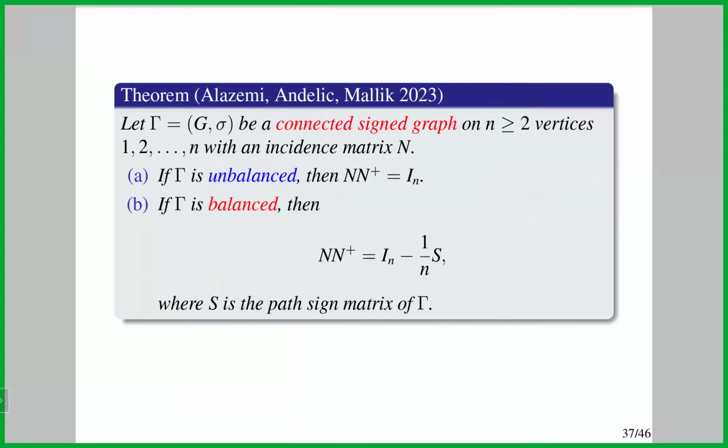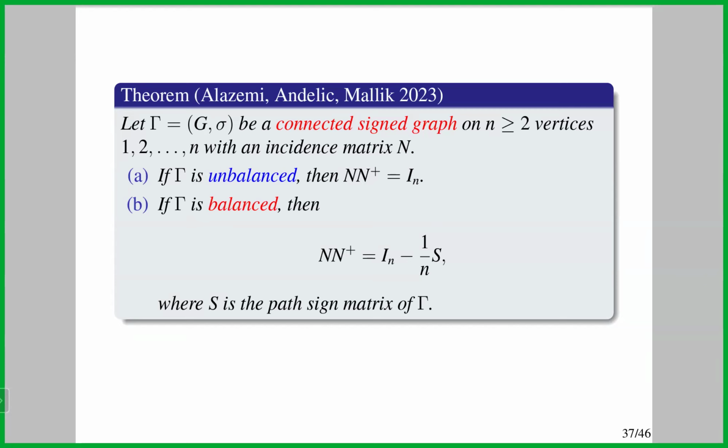Now, this is a result we got. If you have a connected sign graph and N is an incidence matrix, there are two cases. If the sign graph is unbalanced, then N times N plus is going to be the identity matrix. If you remember, we had a similar result before for graphs that have an odd cycle.